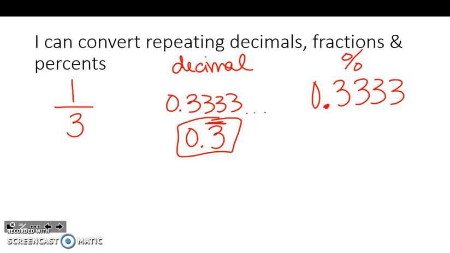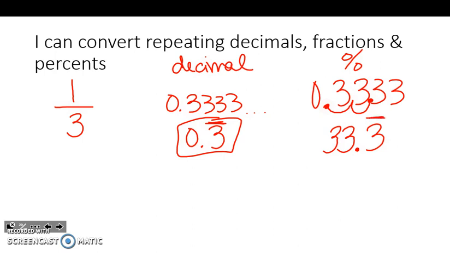So if it's a decimal, to change it to a percent, we're still going to move it 2 places to the right. 1, 2. So that we have 2 3s in front of the decimal, and then, of course, 3s repeating behind the decimal. Instead of using that dot, though, we're going to use the bar again.